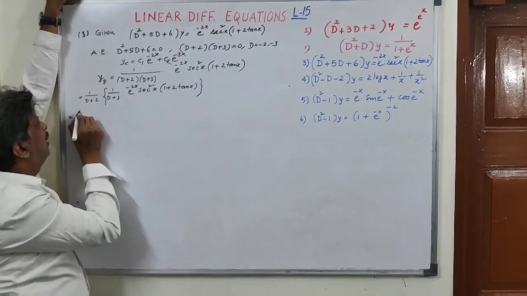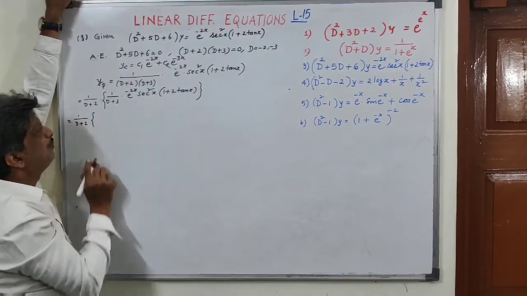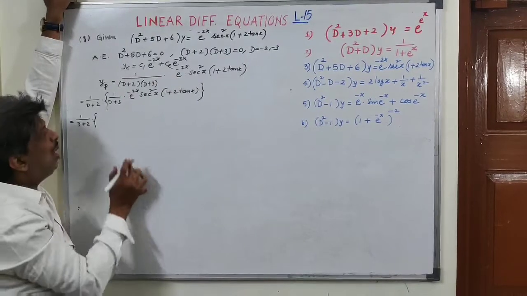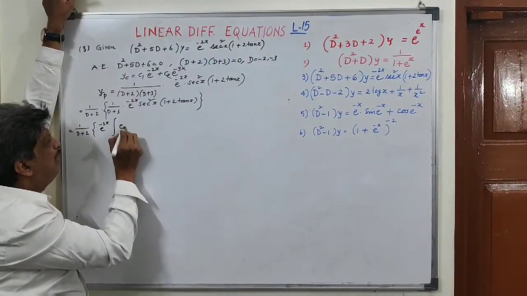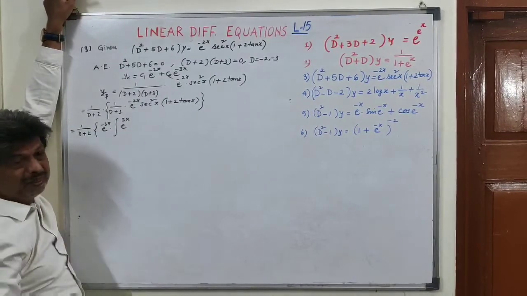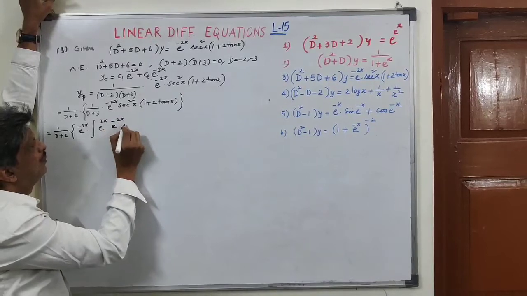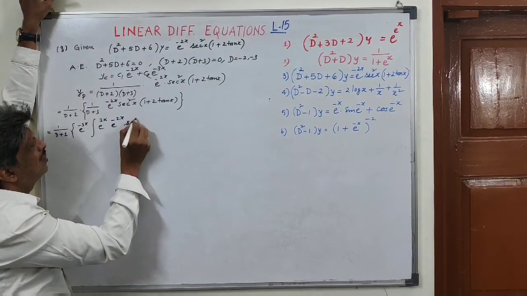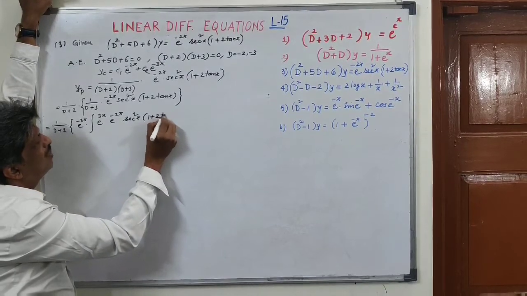Just because, see here, it would be followed at this step, d plus 2 times, I am now using the general integral formula, e raised to power minus 3x into integral e raised to power plus 3x into this f of x, sec square x into 1 plus 2 tan x.